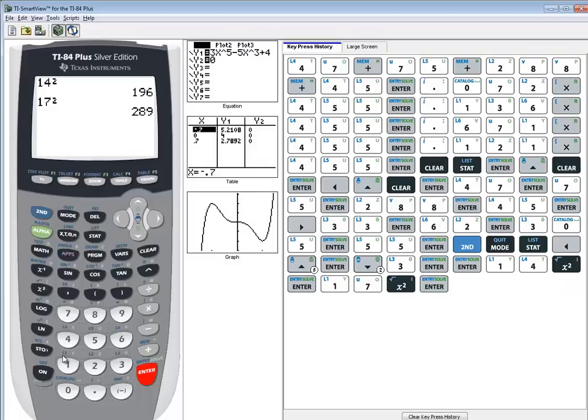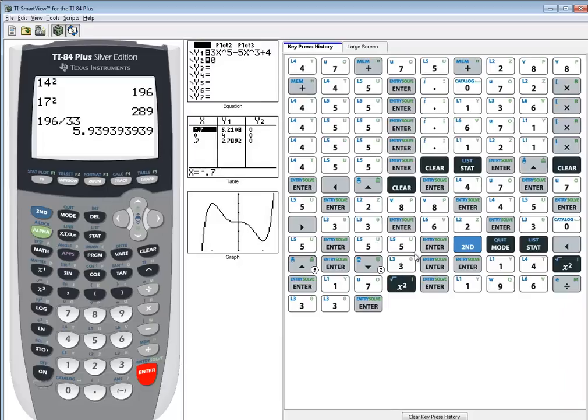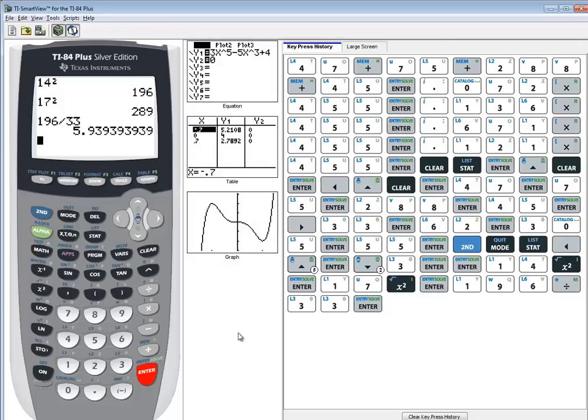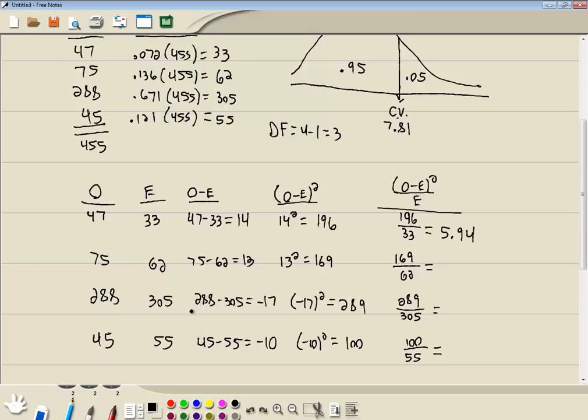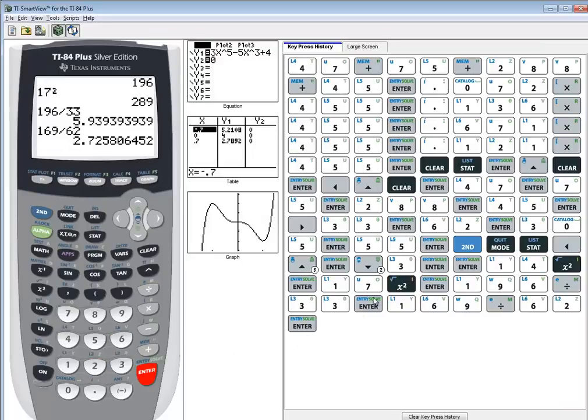So 196 divided by 33. I'm going to take it to 2 decimal places. 5.94. 3 might actually be more appropriate, but we'll see. And we have 169 divided by 62. 2.73.